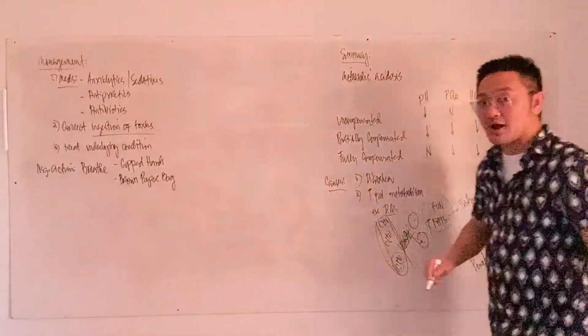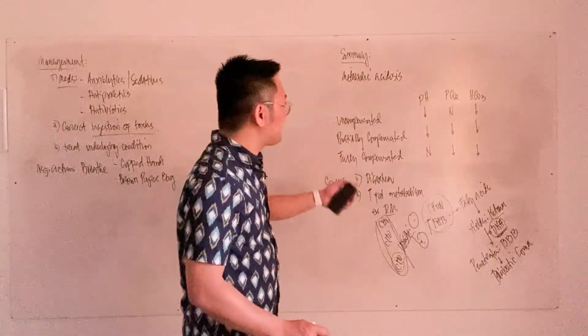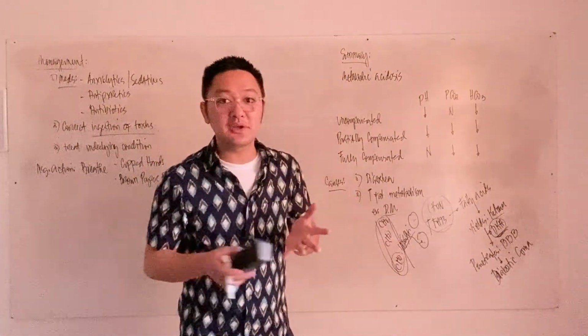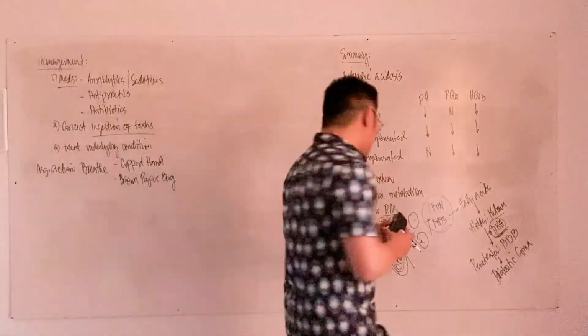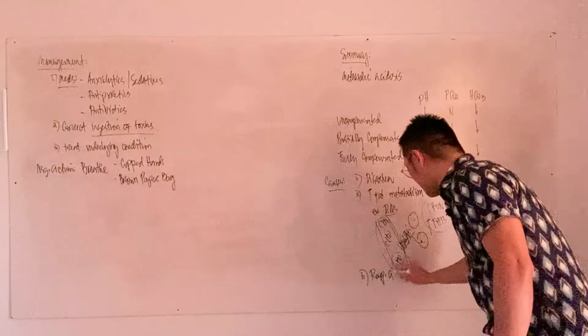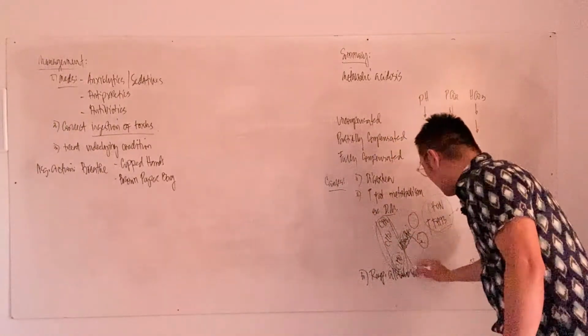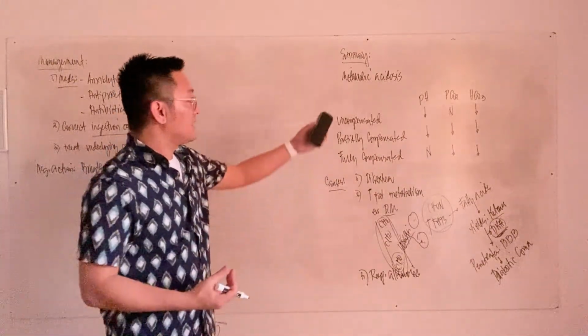I hope you understand that. So these are two common reasons why you have metabolic acidosis. You have your diarrhea, you have your increased fat metabolism, and of course, another there is your respiratory alkalosis.